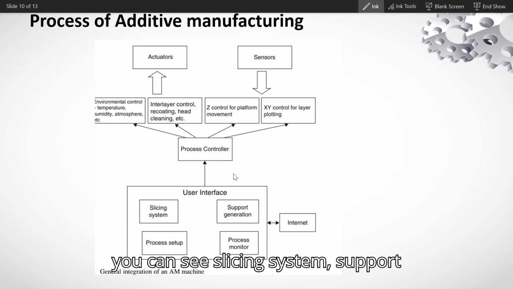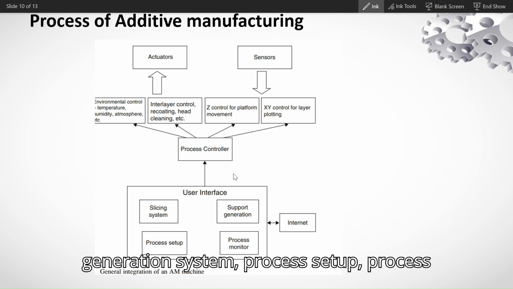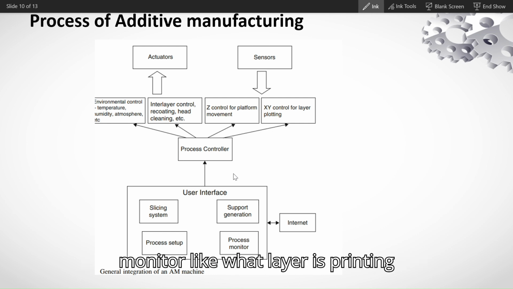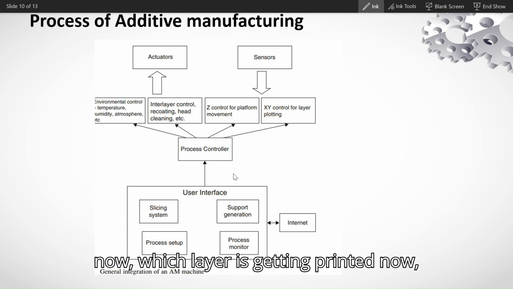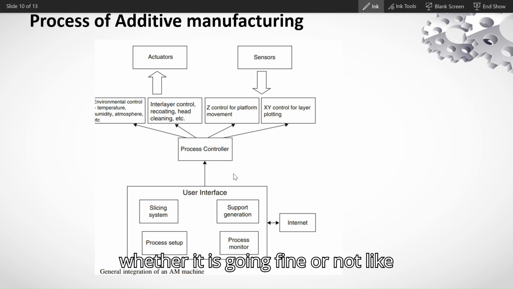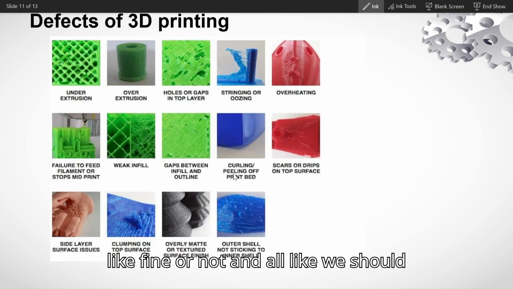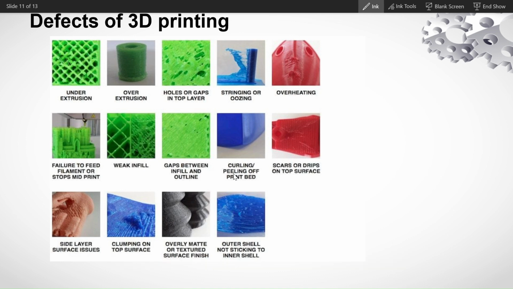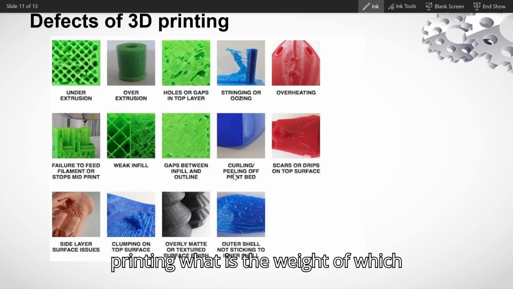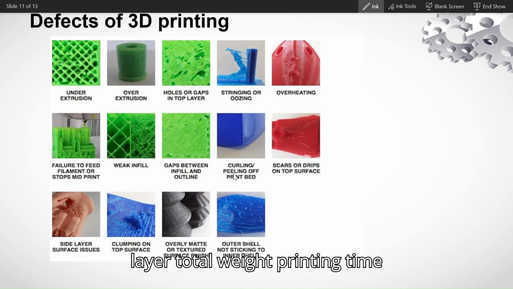You can see the slicing system, support generation system, process setup, and process monitor, like which layer is getting printed now, and whether it's going fine or not. It's in visualization, but it gives which layer is printing, the weight of each layer, total weight, printing time, etc.